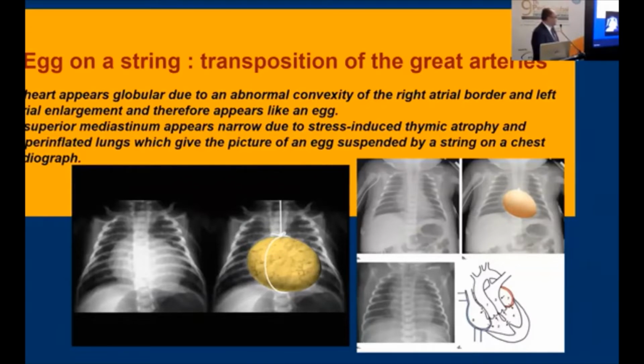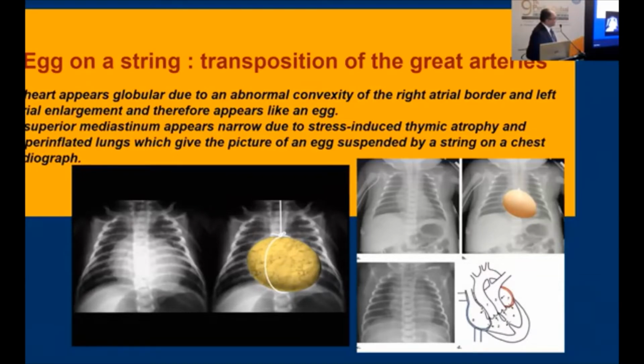This is the normal finding in the chest X-ray, and this X-ray is for a cyanotic child with grossly enlarged heart shadow and narrowing of the upper mediastinum, giving this appearance of egg on string.